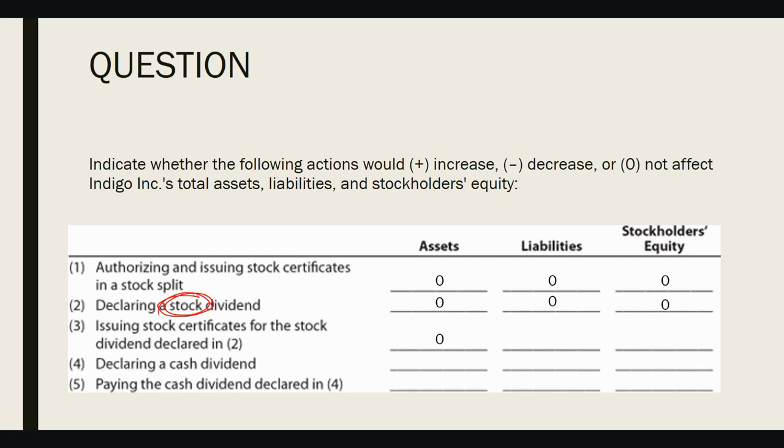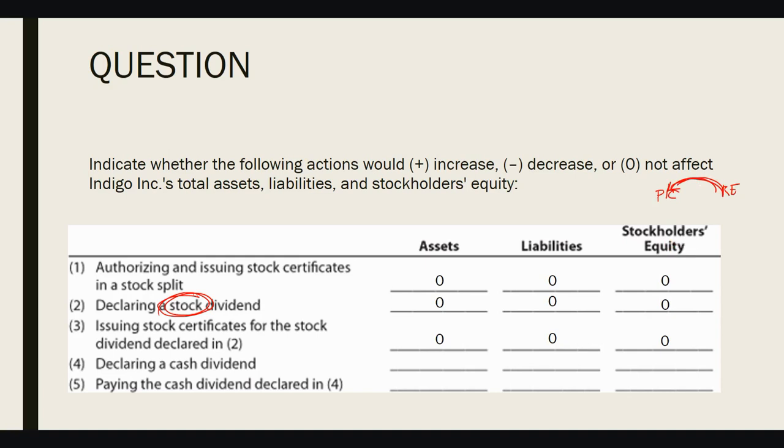Does it impact assets? No. Liabilities? No. Equity? No. Because remember, all we're doing in the stockholders' equity is we're transferring the value from retained earnings, and it's going over to the paid in capital. And so it's just a net change in equity, but it does not reduce equity.